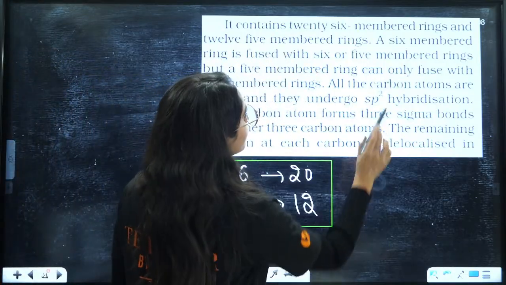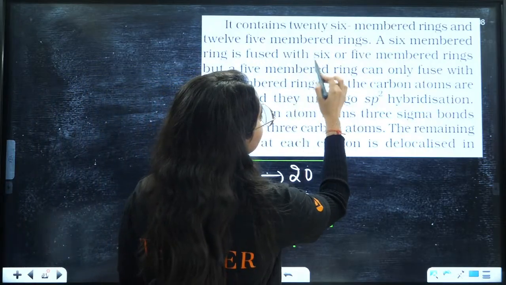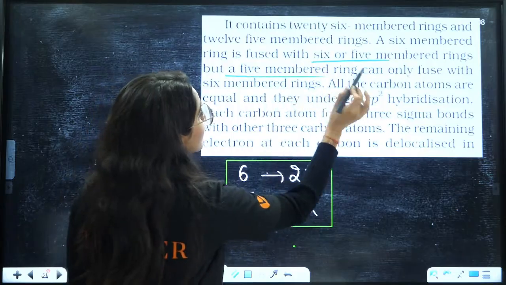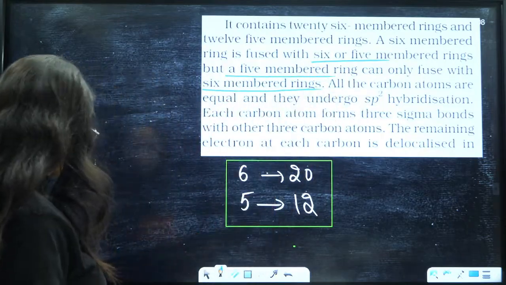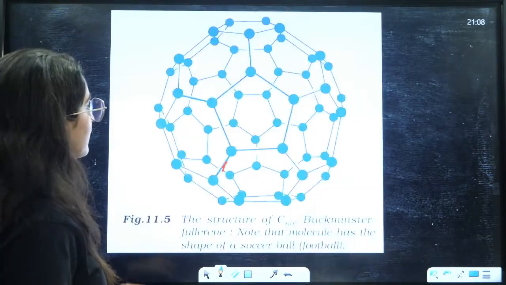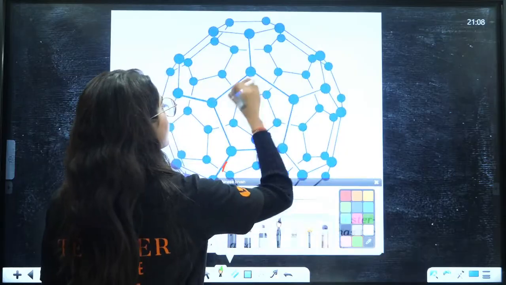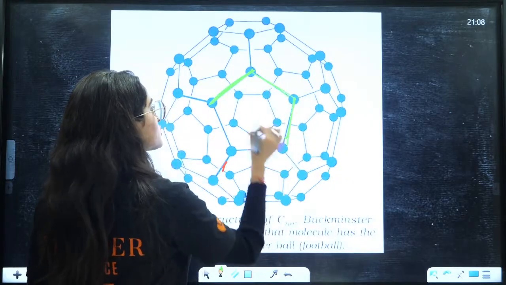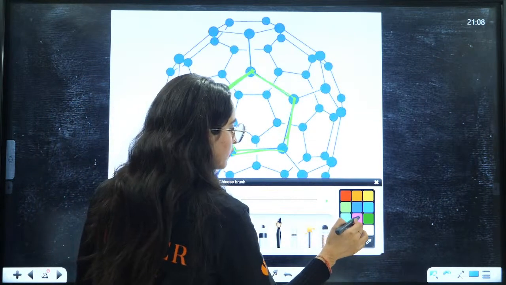A 6-membered ring can be fused with 6- or 5-membered rings, but a 5-membered ring can only fuse with 6-membered rings. So a very, very important point, right? If you talk about this 5-membered ring, it will only fuse with the 6-membered ring. How?